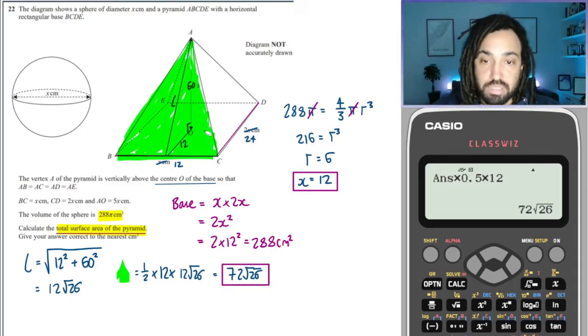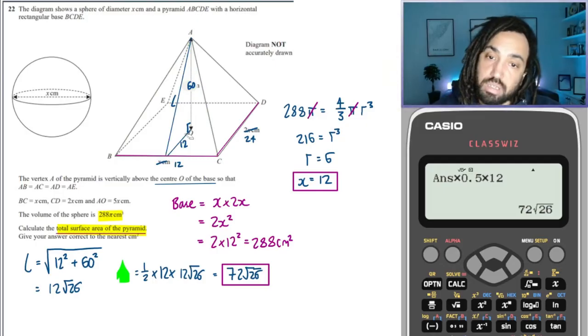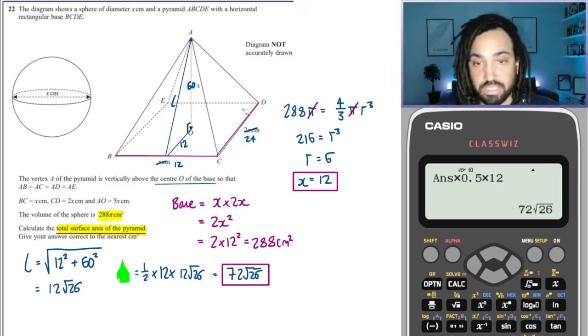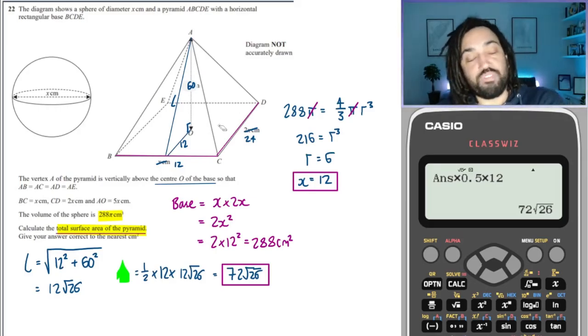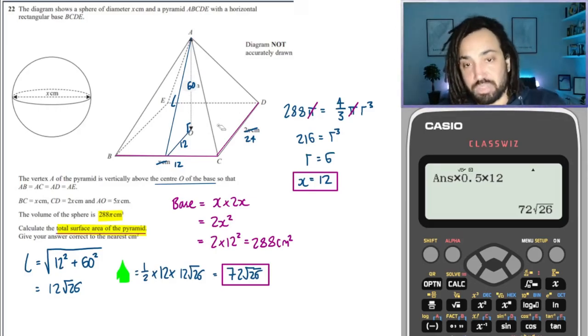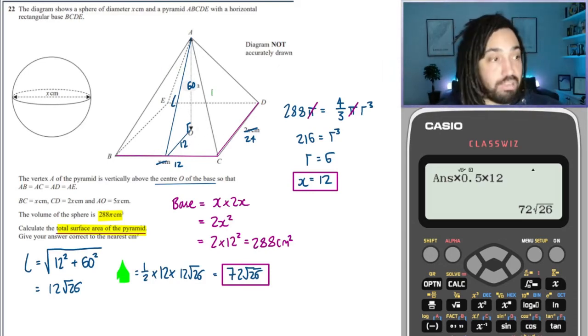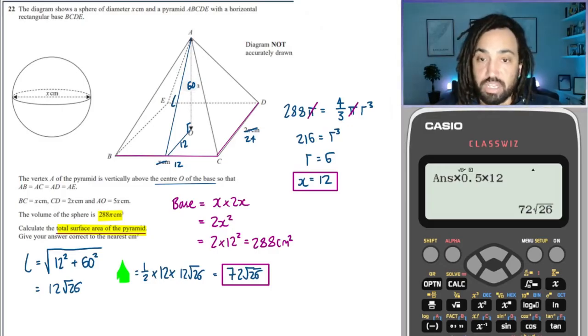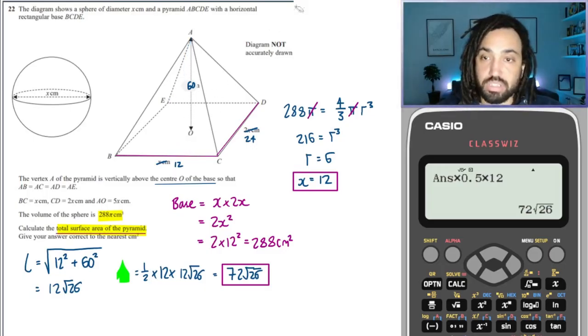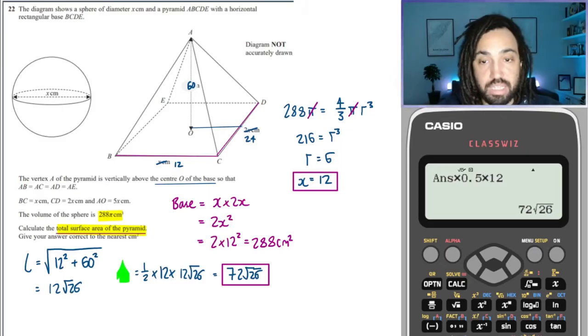And now, yes, annoyingly, not all 4 of the triangles are the same. The one I've just done is the same as the one at the back, but the ones on the side are going to be different. And that's because if I was to do the same trick, the distance directly down across is not going to be 12.